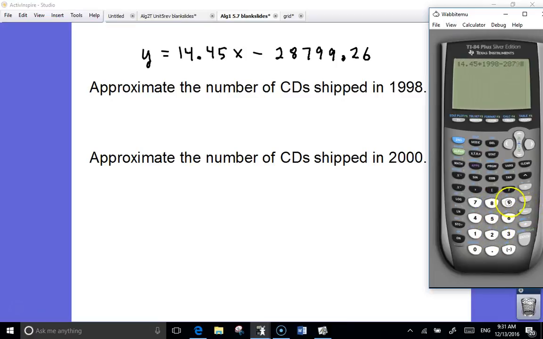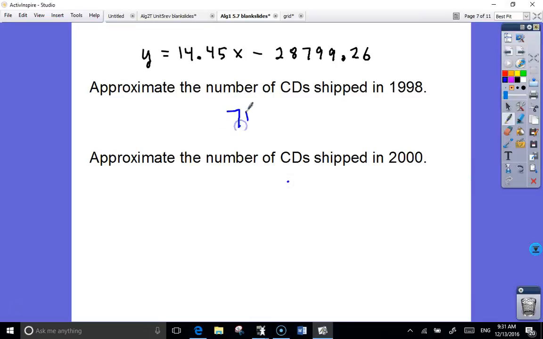If you're using this equation here, what do you get?